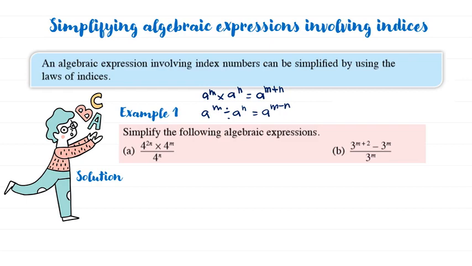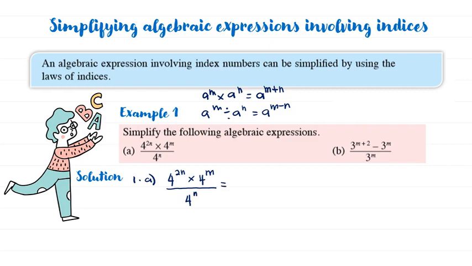So for question E, the base is 4. So let's try question E. We have 4 to the power of 2n multiplied with 4 to the power of m, the same base, and divided by the same base, which is 4 to the power of n.